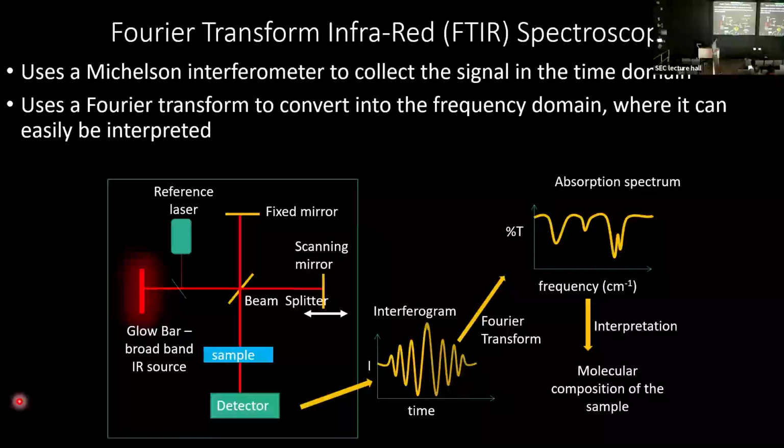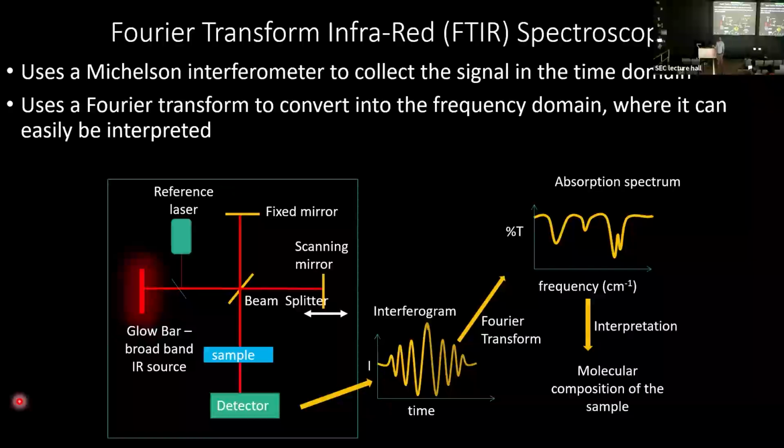We send this broadband infrared light into a beam splitter. The beam splitter splits the light into 2 arms. One arm goes to a fixed mirror and then just comes back. The other arm goes to a scanning mirror and comes back, and then the 2 beams are recombined.